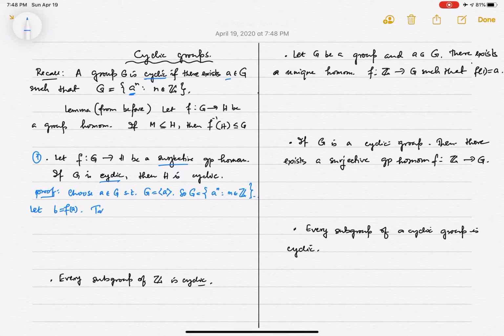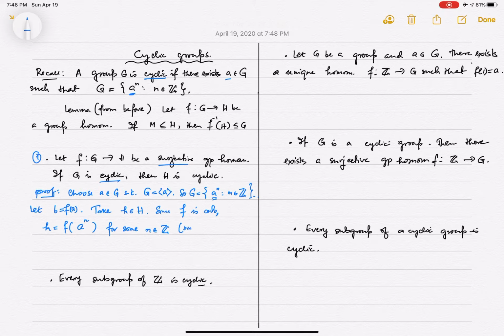And now, what do I have to show? I have to show that if you take anything in H, a little h in H, then it's some power of B. Now since f is onto, you can write h as some f of something. This something is an element of G, but all elements of G look like A to the power n for some n.